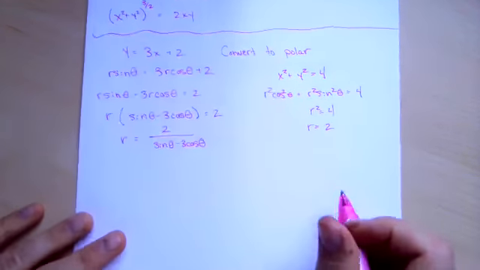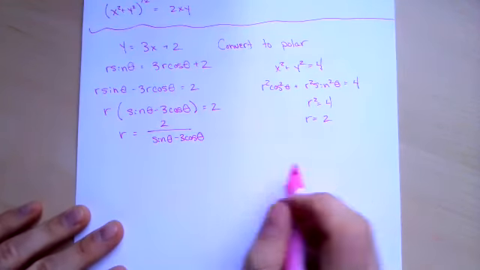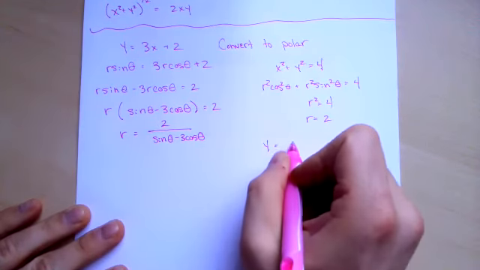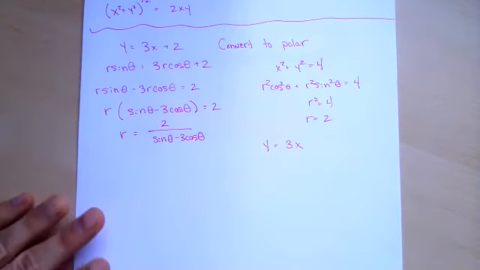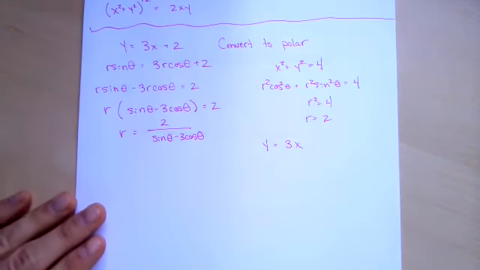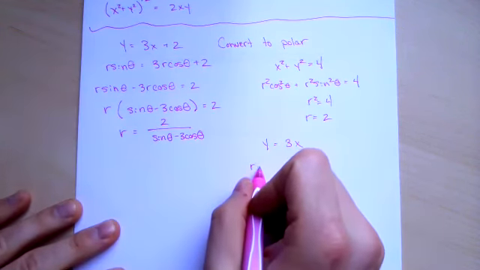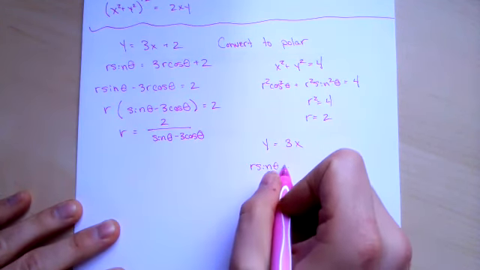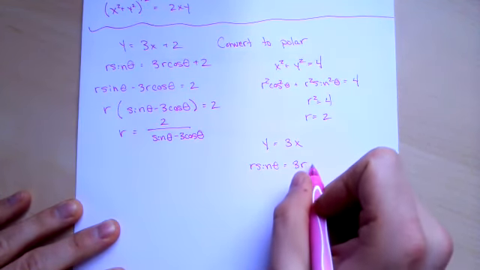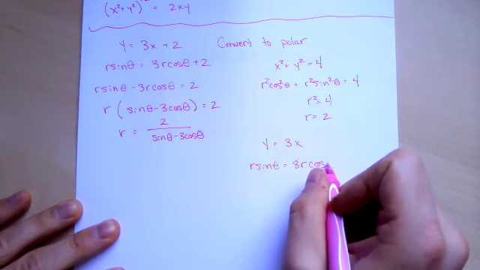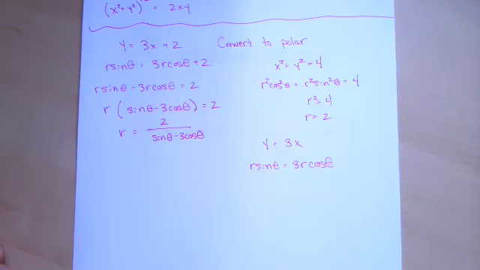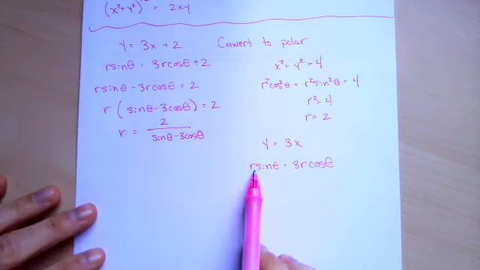Let's see. Any other ones that you might need to simplify? I think we've seen that lines through the origin should be given as just theta equals a constant. So if we have r sine theta is 3r cosine theta, well, this is where we finagle our math a little bit.